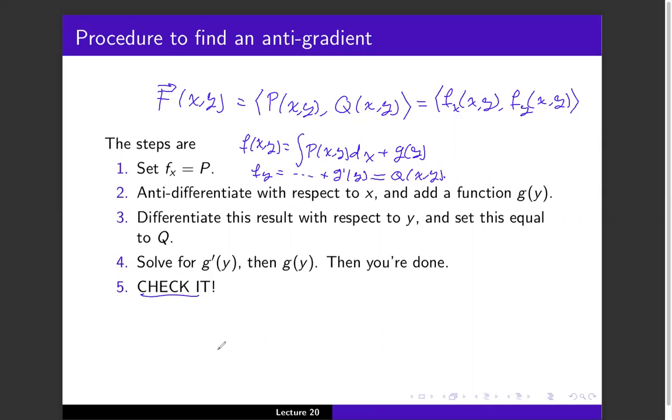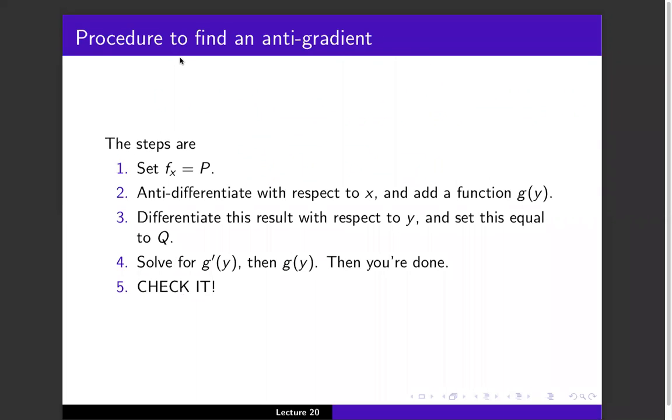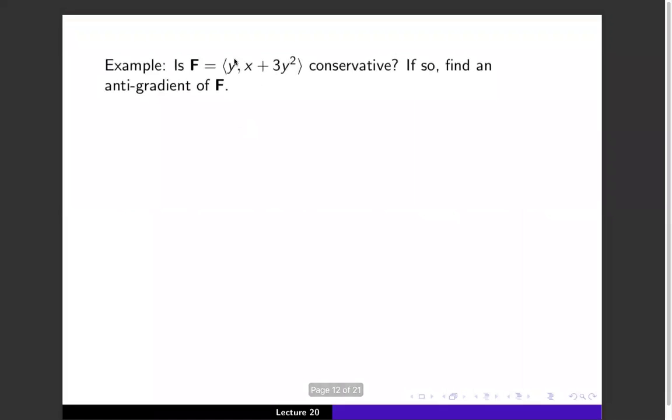And check it. The beautiful thing about this area of mathematics is that you can always check your work relatively easily. So let's go backwards for a little bit. We'll take another look at our gradient from before. We said that f(x,y) was xy plus y cubed plus some constant k.